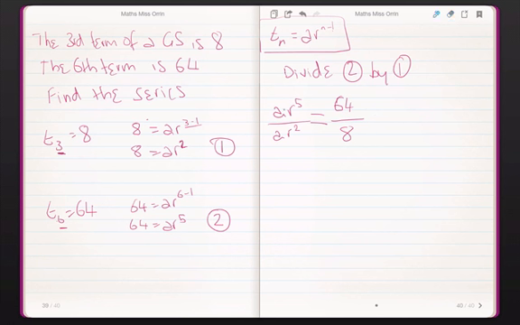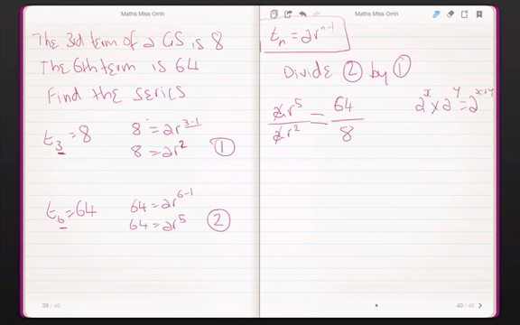So what we're going to do now is simply cancel this down. Remember when we're dividing algebra, we can simply cancel stuff out. So a and a cancel out. Remember we did our index laws before: a to the x times a to the y equals a to the x plus y.